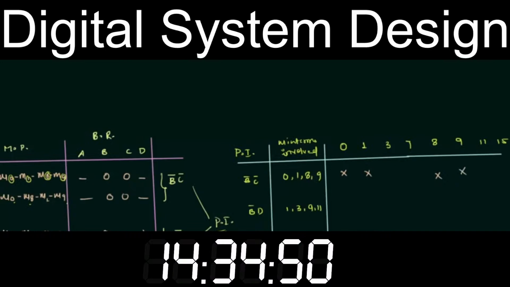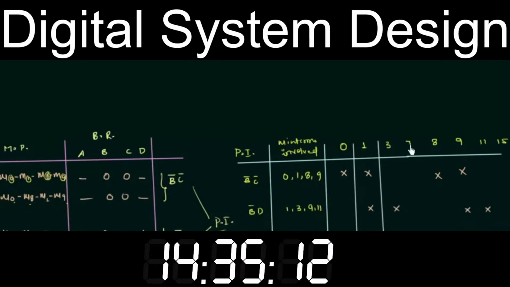and 9. In the same way we will put a cross under 1, 3, 9 and 11, and for CD we have 3, 7, 11 and 15. I will make the columns so that I can separate them more clearly.